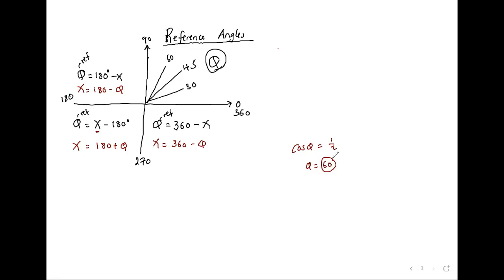So one in the fourth quadrant should be 360 minus 60. So that is 300. So I can get a bigger angle from the smaller one, and I can get a smaller angle from the bigger. So these movements from a small angle to a bigger, or a big angle to a smaller one, are what we are referring to as the relationship of reference angles.